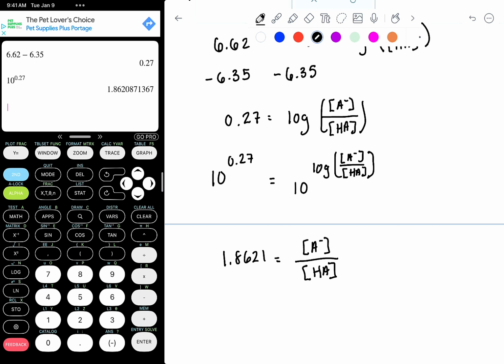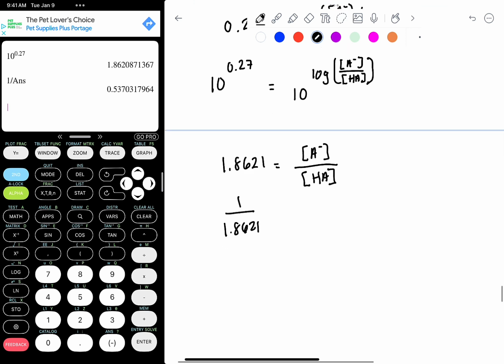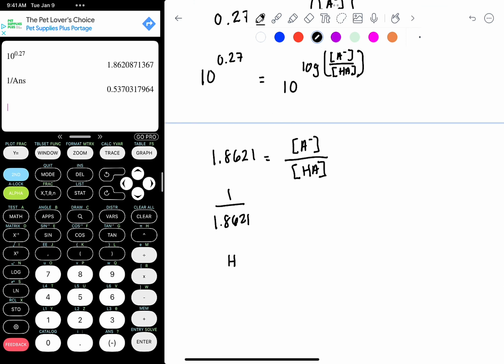If I wanted to put HA on top and A minus on the bottom, I would just do 1 over 1.8621. We're just inverting it. So that gives us the HA concentration over the A minus concentration is equal to 1 over that.